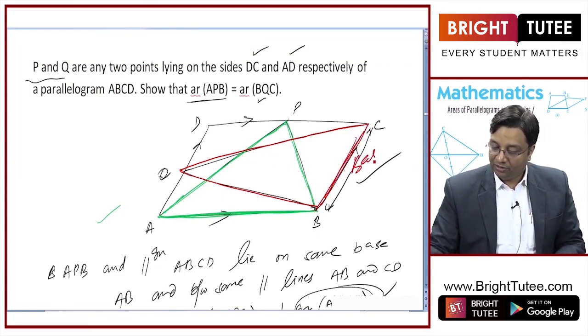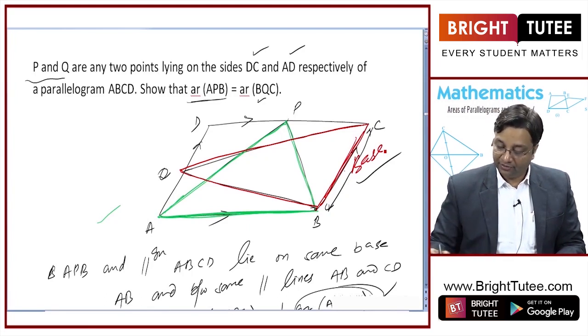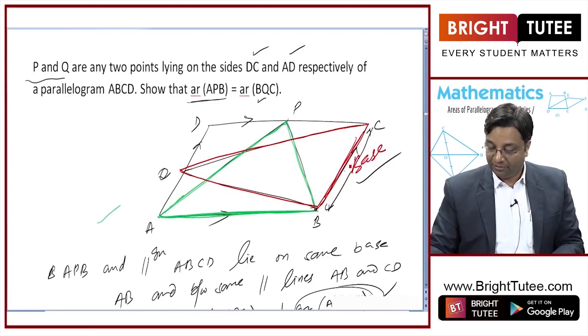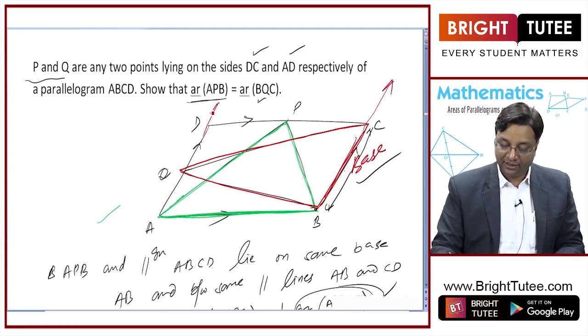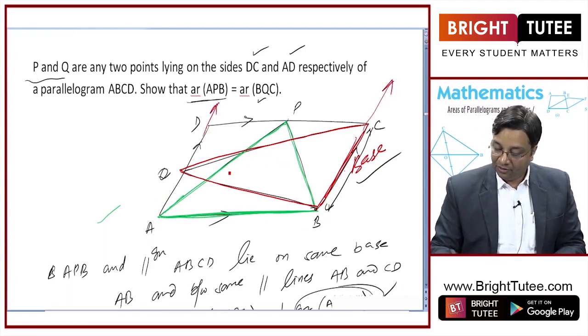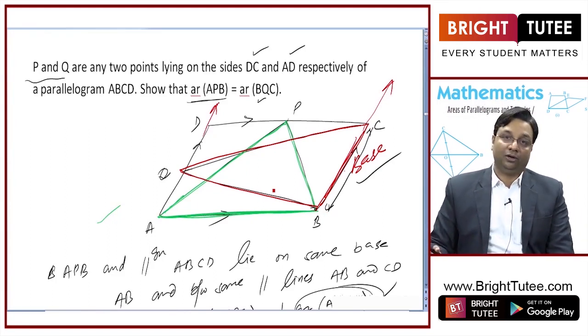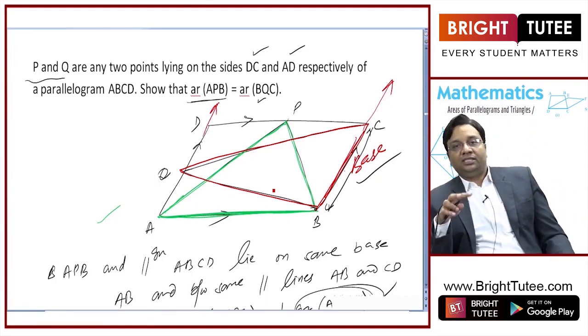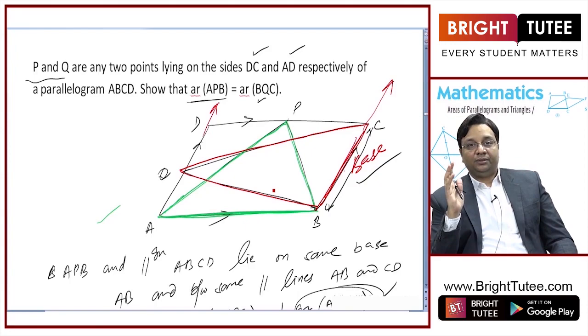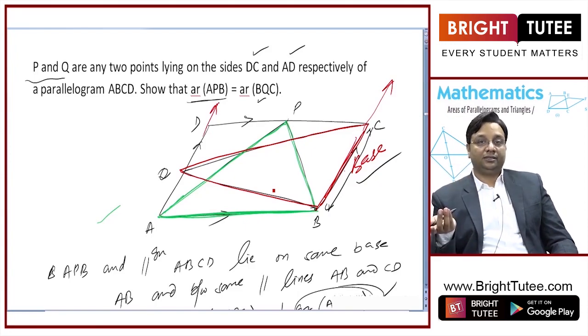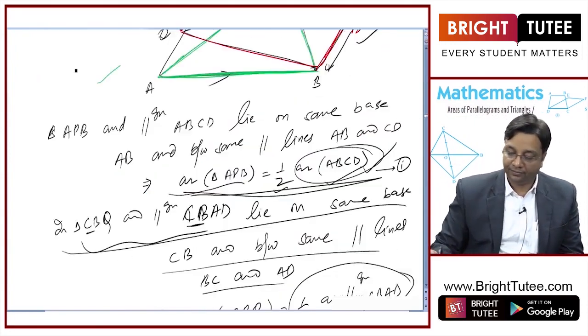So, this is the common base for these two figures, that is triangle BCQ and parallelogram ABCD. They lie on same base and between same parallel lines, that is this line and this line. Hence, area of this triangle BQC will be equal to half the area of parallelogram ABCD. Now, both these triangles have areas equal to half the area of parallelogram ABCD, hence these are equal areas. Okay.